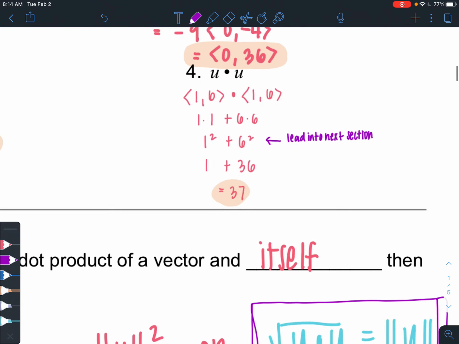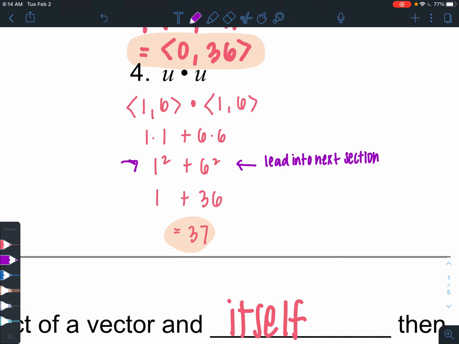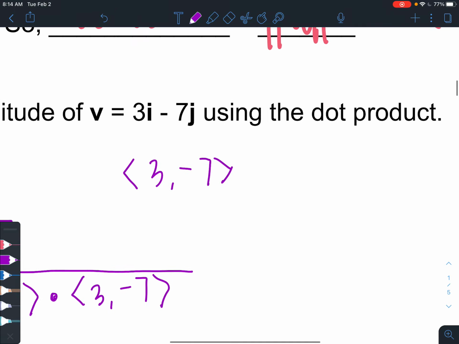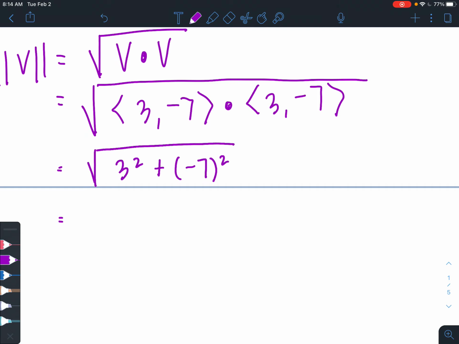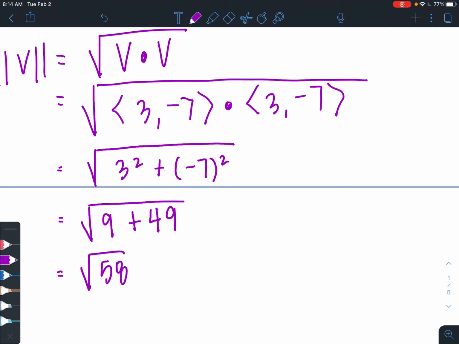So if you look back to this last problem, we end up with our first term squared plus our second term squared right here. So I'm going to go ahead and write that out just to save us a little bit of time. So we end up with the square root of 3 squared plus negative 7 squared. So that is 9 plus 49, which is the square root of 58.